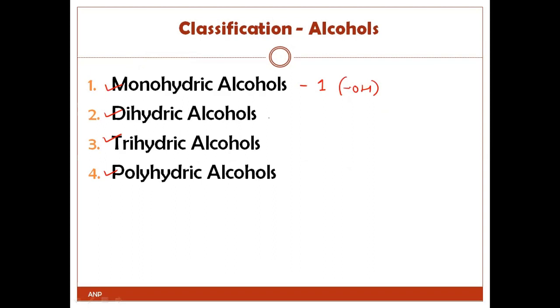Alcohols containing two, three, or more than three hydroxyl groups, 2 OH, 3 OH, and more than 3 OH, are known as dihydric, trihydric, and polyhydric alcohols respectively.